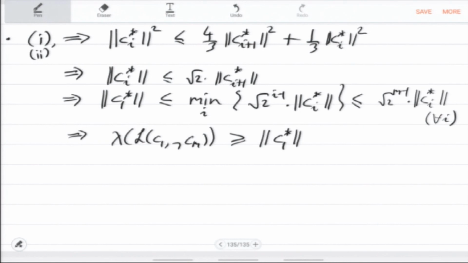C1 is equal to C1 star, right? So this is a lattice element. So the shortest vector is at least C1 star, since C1 star is equal to C1, which is in the lattice.